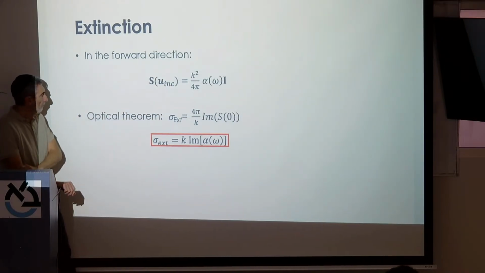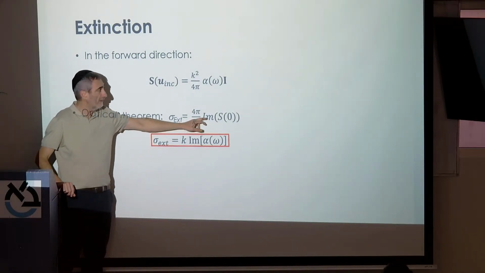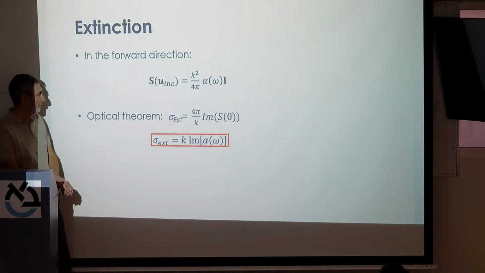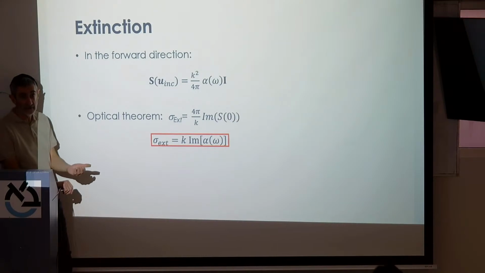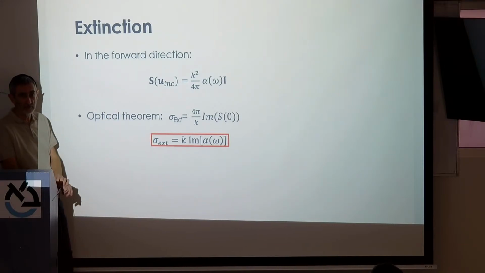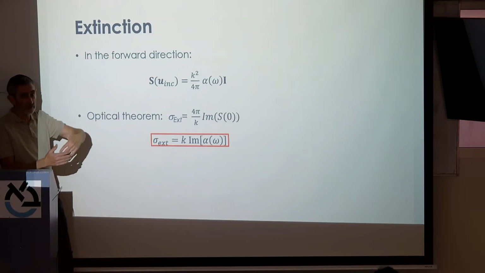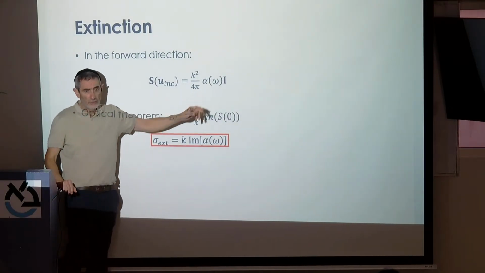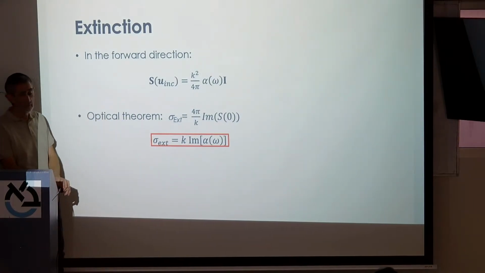So you see that to have an imaginary part here, you need to have alpha complex, right? If you take alpha equal to alpha 0, which is real, you completely miss the radiated field, and you don't have any scattering from the object. So by conservation of energy, or by the fact that part of the energy is lost by scattering, you need to take into account the correction on alpha 0 in the expression of alpha.